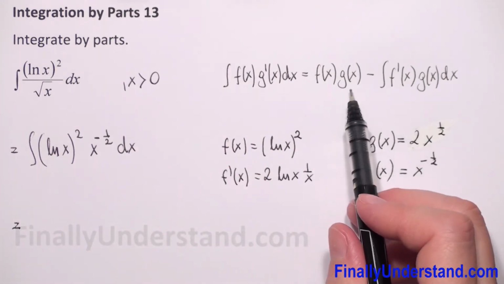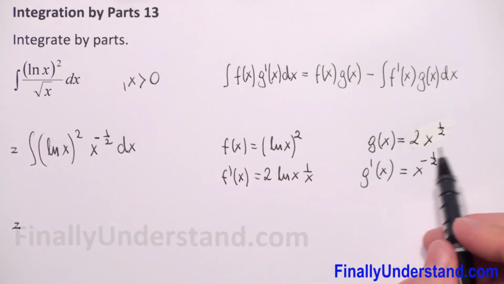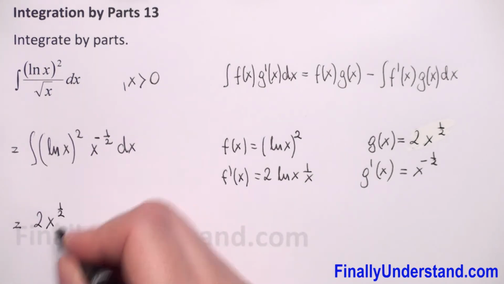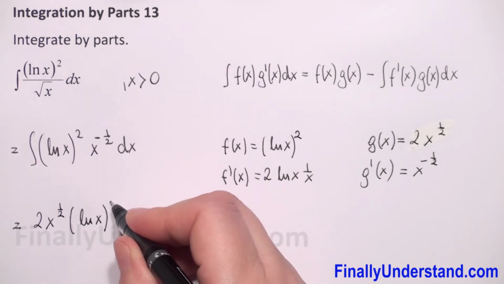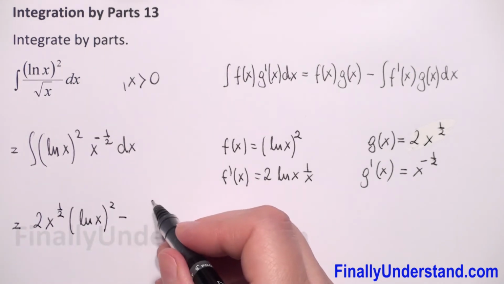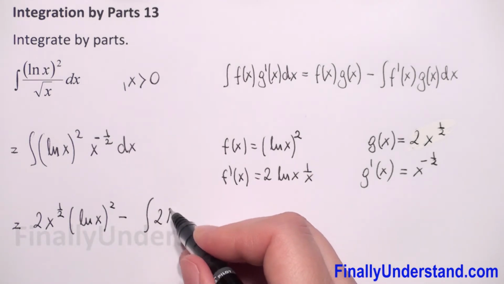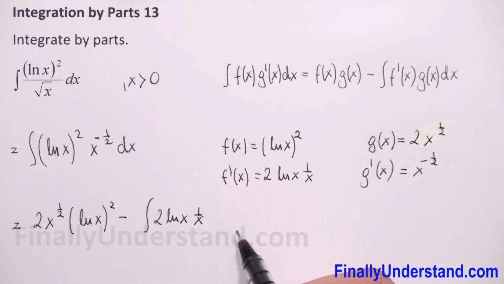First we have f times g. So first I will put this function, 2 times x to the power 1/2, times the square of natural logarithm of x, and we have a negative sign. The integral of f prime, which is 2 times natural logarithm of x times 1 over x, and times g.